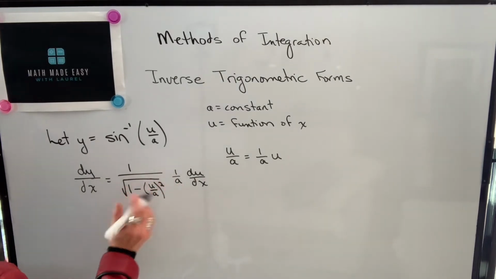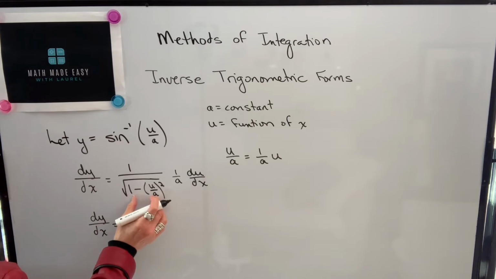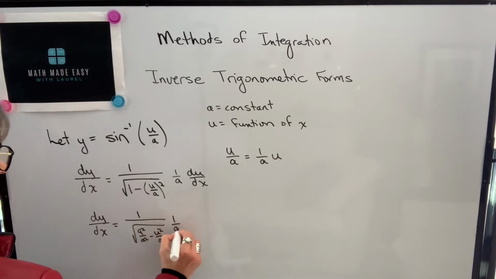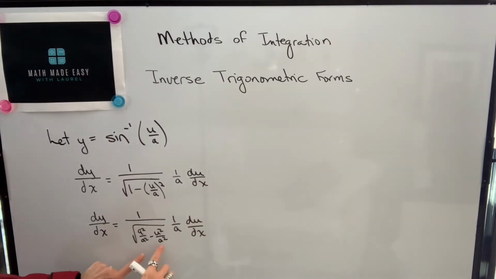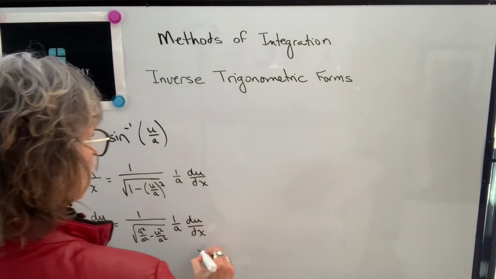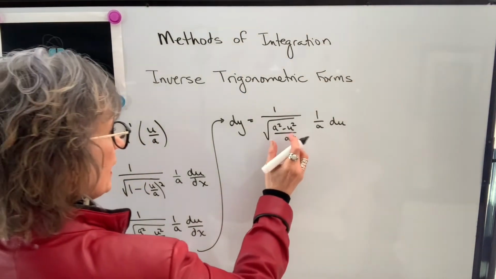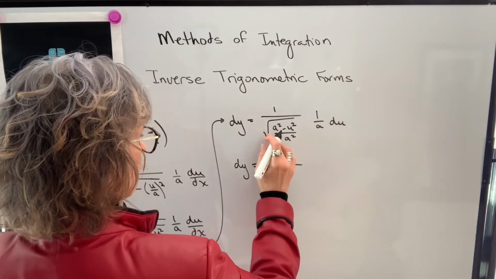Now I want to simplify this. To combine these terms, I need a common denominator. So this will be a squared over a squared minus u squared over a squared. I'm going to combine these fractions, and I'm also going to multiply both sides by dx. And what I'm going to do next is break up the square root.